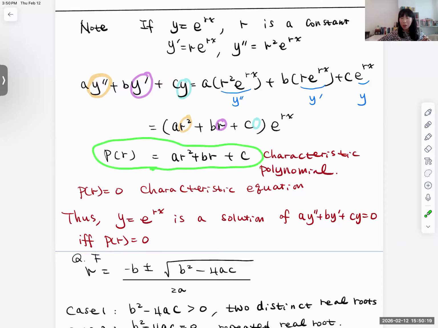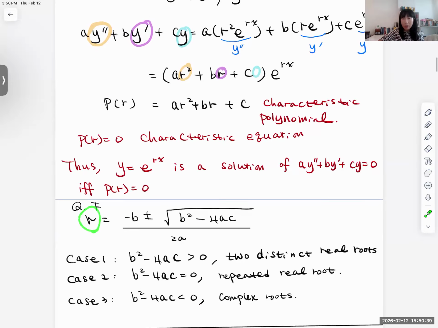Now, we have seen this before: the quadratic formula, which I introduced earlier in terms of x. Now we use r instead of x.